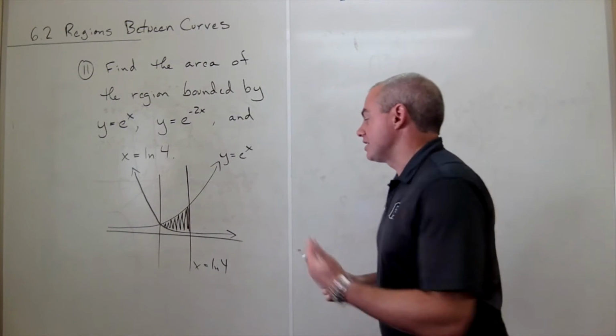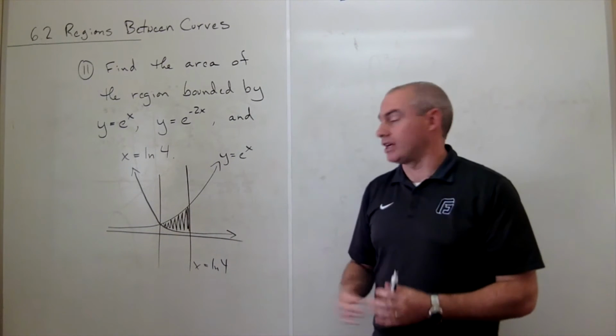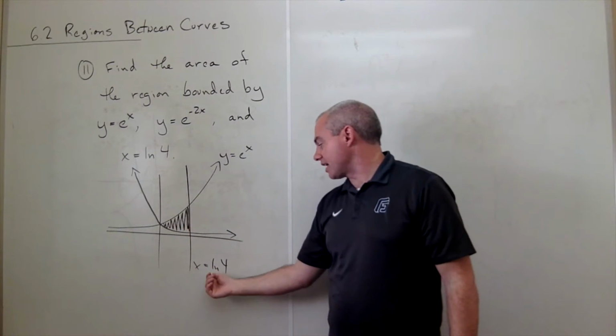So let's do it. It's easy here to see the x value that this starts at, that's 0, and it's easy to see the x value it ends at, that's ln of 4.